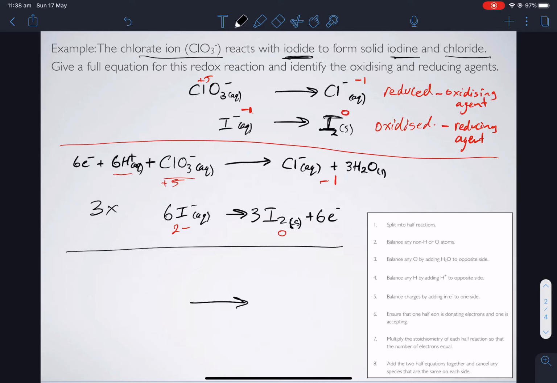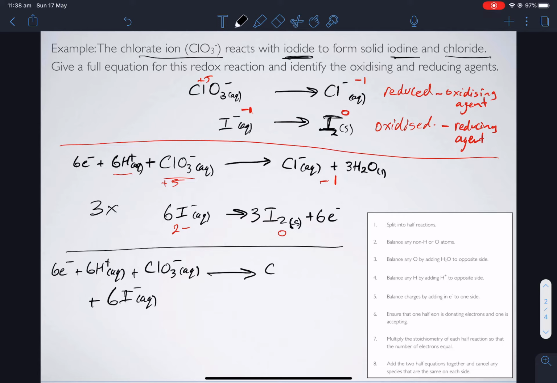So, adding all the left-hand side. 6 electrons plus 6H plus the chlorate. Oh, I'm not putting my states in. That's terrible. I might leave a bit of room too. Sorry about this. 6 electrons. Electrons have no state. 6H plus aqueous plus the chlorate aqueous plus the 6 iodides.